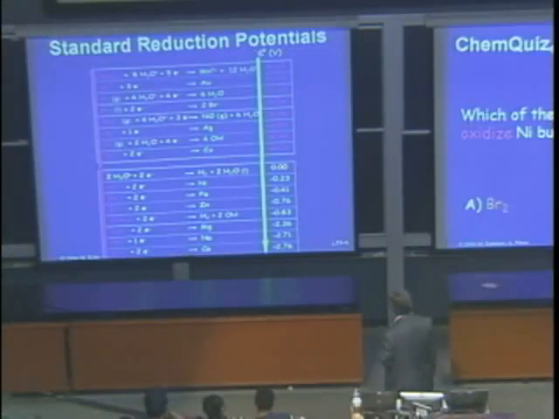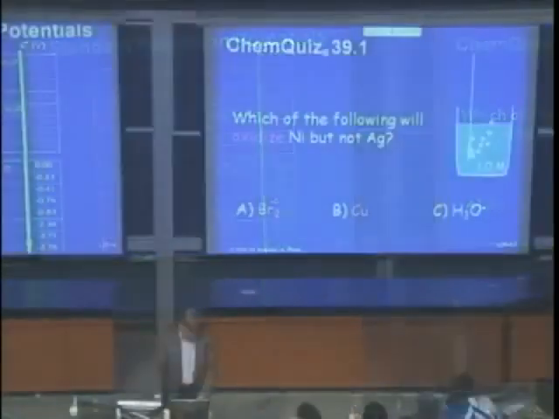And then I have H3O plus, that must be 0. Now let's find out where nickel is. Nickel is here. Will oxidize nickel, so it has to go into this direction. And where is silver? Silver, don't want it to be oxidized. I want to oxidize the nickel with one of these 3, but not the silver. Think about it and give me your answer, please.